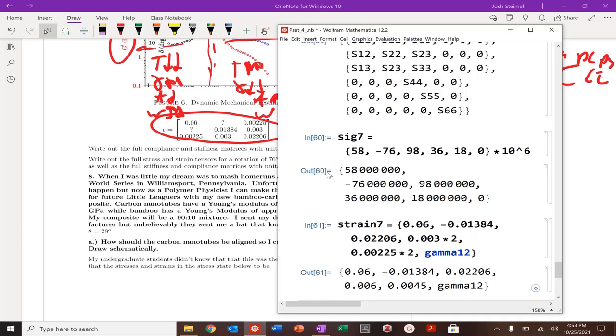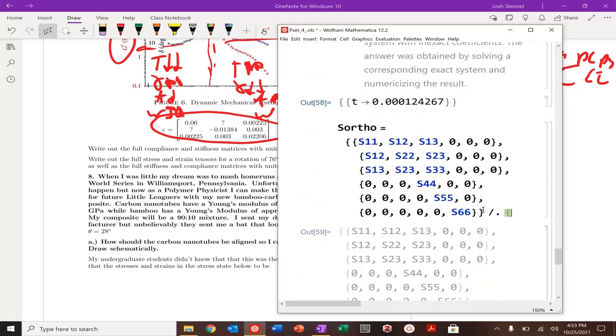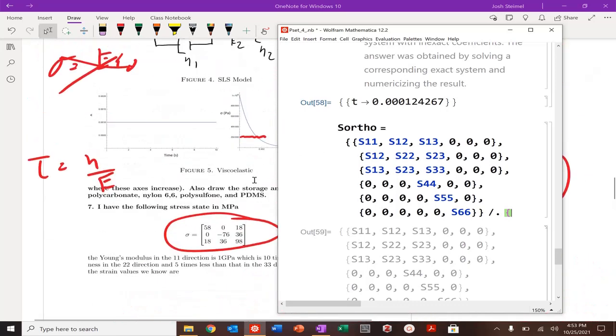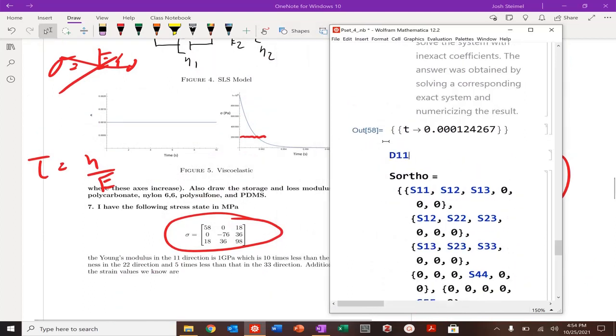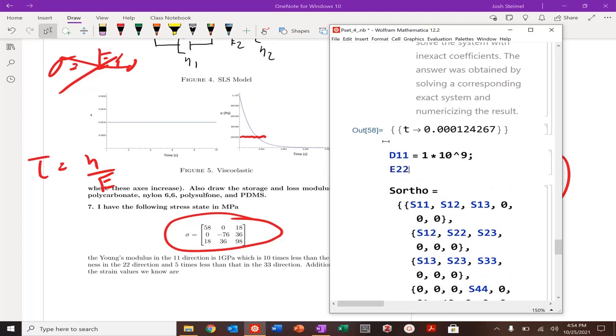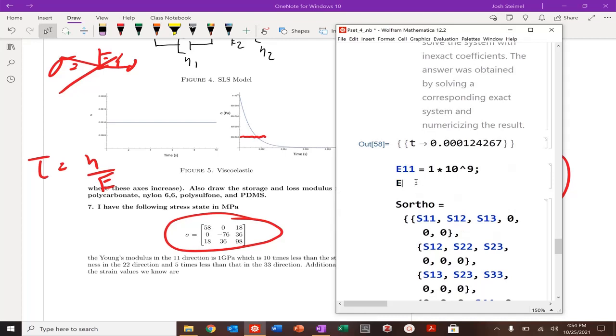I'm also given in this S ortho, if I look at this, my E11 is equal to 1 times 10 to the 9. Sorry, E11, which is 1 gigapascal, is 10 times less than E22. So E22 equals 10 times E11.